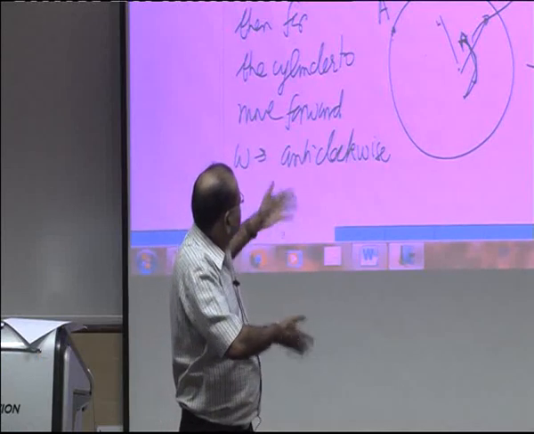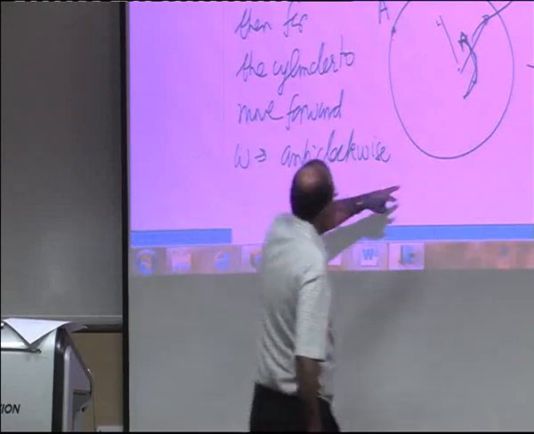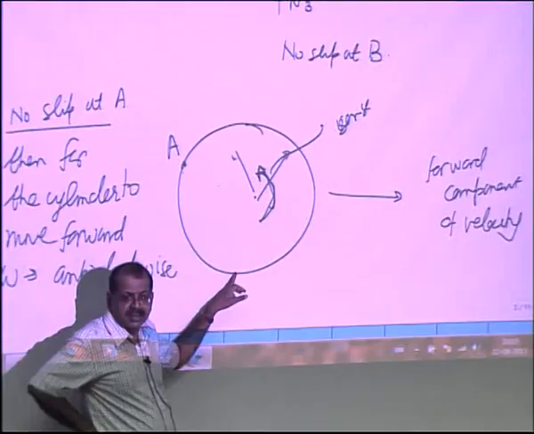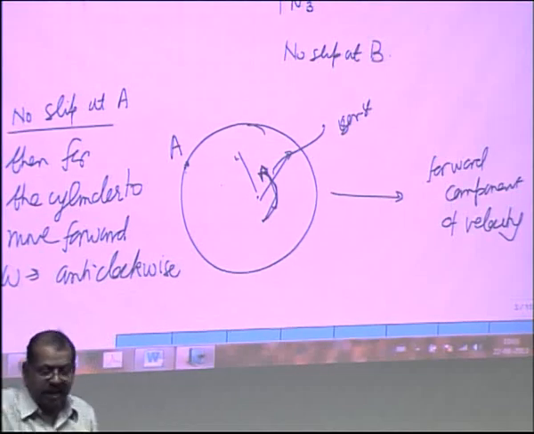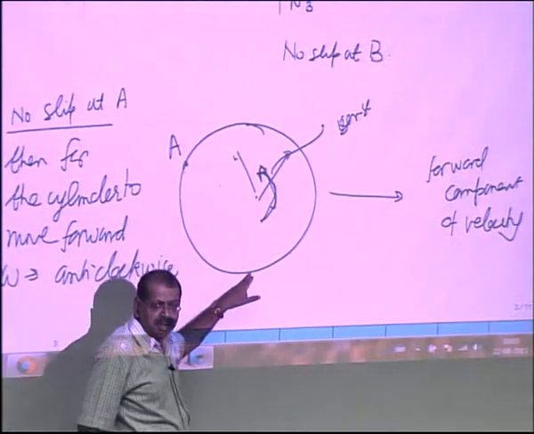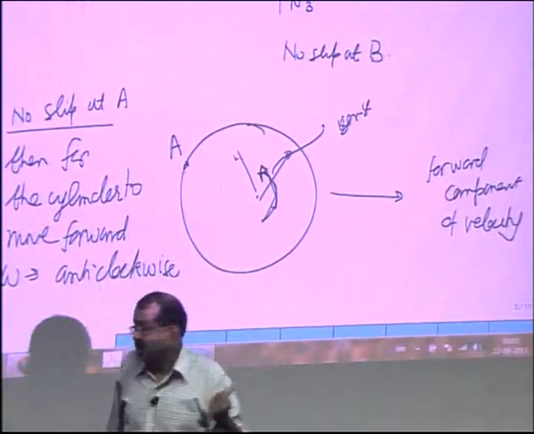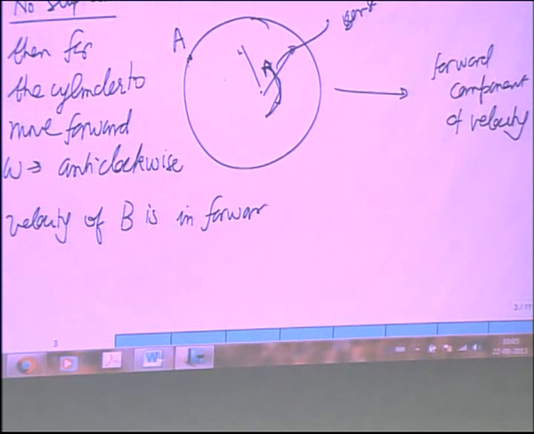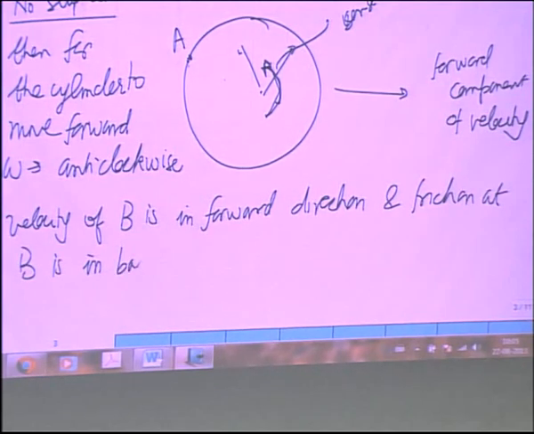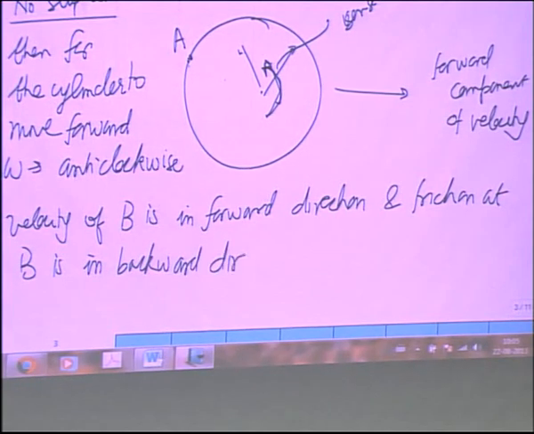Is that clear? If omega is anti-clockwise, then the cylinder will move forward. If that is so, what will be the velocity of B? Velocity of B will be in the forward direction. If velocity of B is in the forward direction, then friction on B will act in the backward direction.